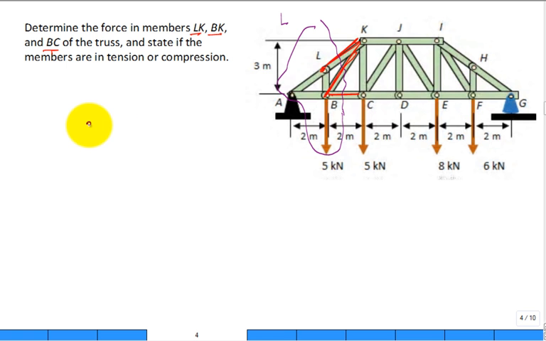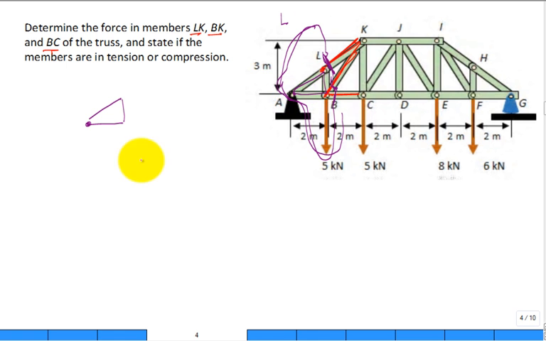So we go ahead and try to draw our section. When I came in, I got a little sloppy, but I'm going to cut that member really close to L. Then I'm going to cut that member close to B, include this force, and then cut through the support, and then continue through the air. So basically, it'll boil down to just this little triangle.